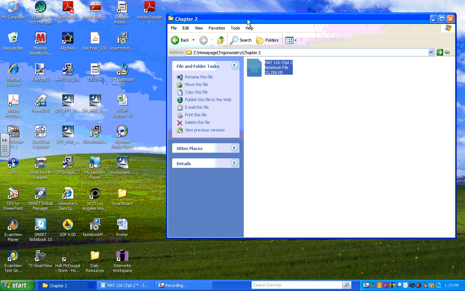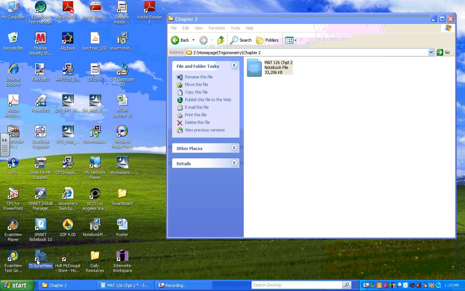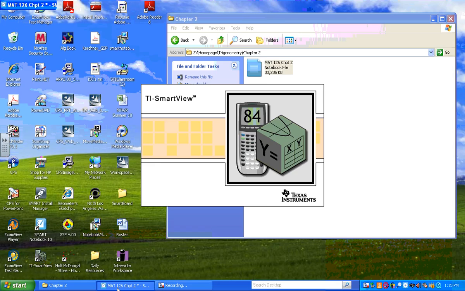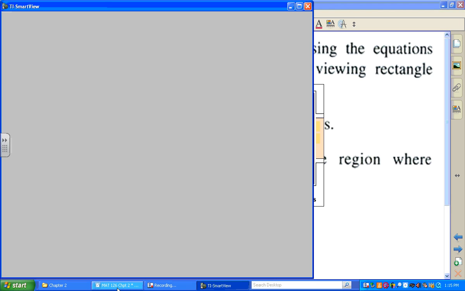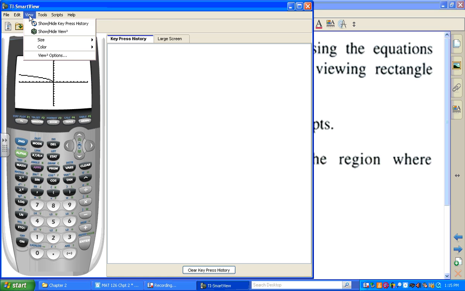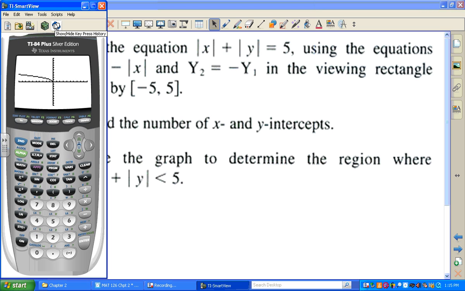Where is my calculator? Here it is. There we go. All right, graph the equation of the absolute value of x plus the absolute value of y equals 5. View, Y equals. You remember what absolute value is? Math, number, absolute value of x, plus.